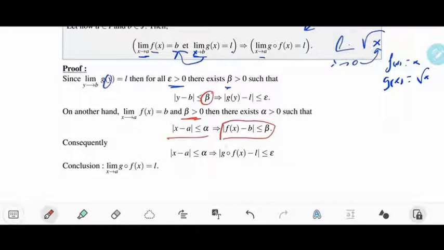And since |f of x minus b| is less than beta, then if y, which is the f of x in here, satisfies this, then since |g of y minus L| is less than epsilon, then |g of f of x minus L| will be less than epsilon, which will give the limit of the composite function. So this is how we prove it.